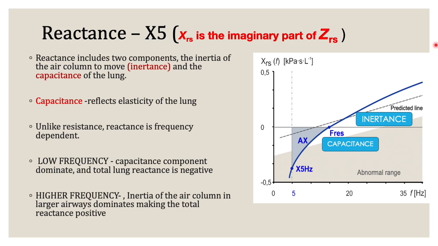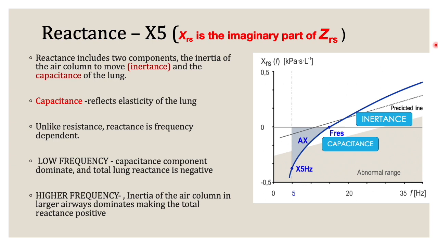Now elastance or capacitance of the airway means the energy return property of the lung, the property of the lung to have a recoil, or the property of a lung to not be stiff. So we usually think about reactance as this elastance or capacitance of the lung, the ability to recoil.